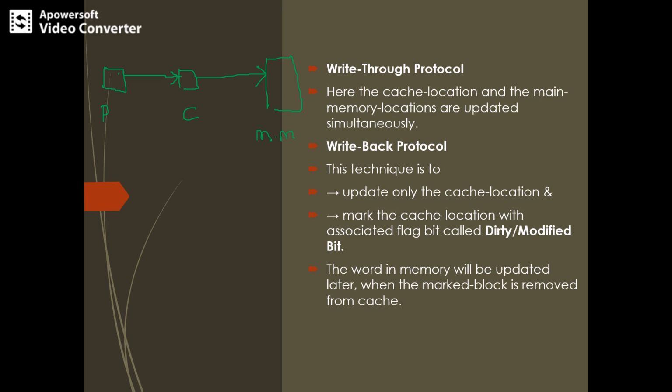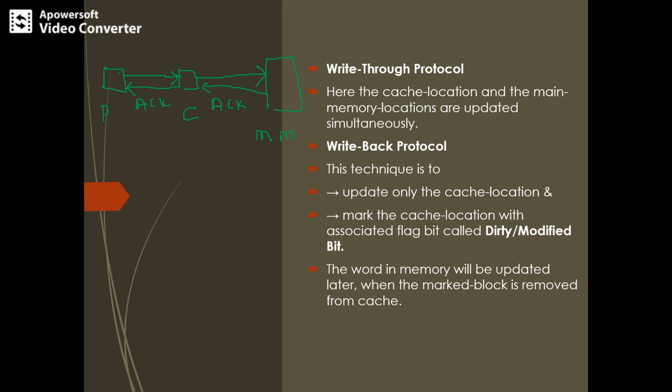Initially the processor will write the information into the cache and into the main memory, and main memory will send an acknowledgement to the cache, and the cache will send an acknowledgement to the processor or host. So that is how we write information with respect to write through protocol.